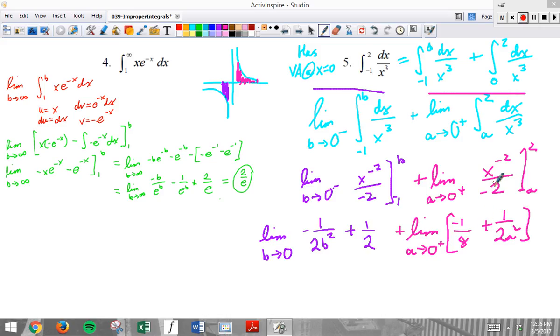Because it's a minus and the minus makes that plus, okay? That's why they're both pluses and the minus out front, because they're both negative terms, okay?